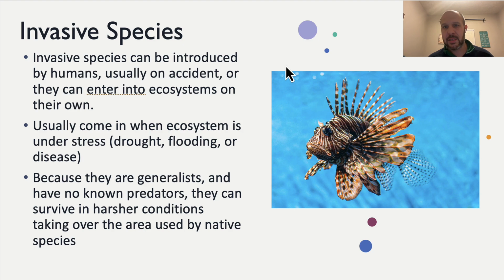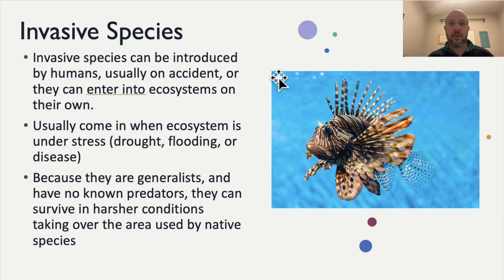on the native species. Now, that's different from what's called exotic species. Exotic species are also foreign animals that come into an environment or are released into an environment, but they don't cause a negative impact.